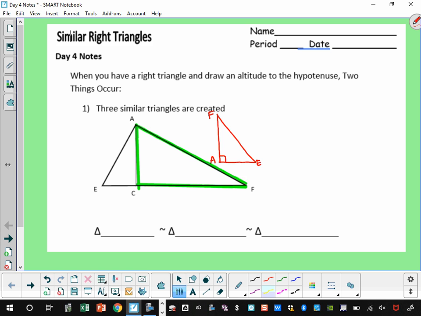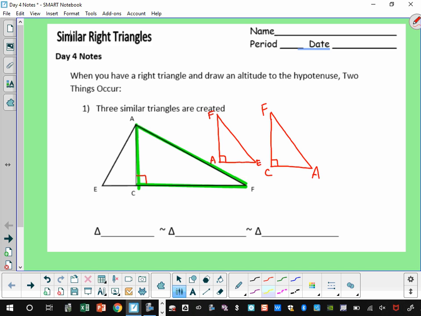C and A. There's only one. That's my right angle, right? Angle C. So let's draw this one over. This is my medium triangle. So we have F, C, and then A.